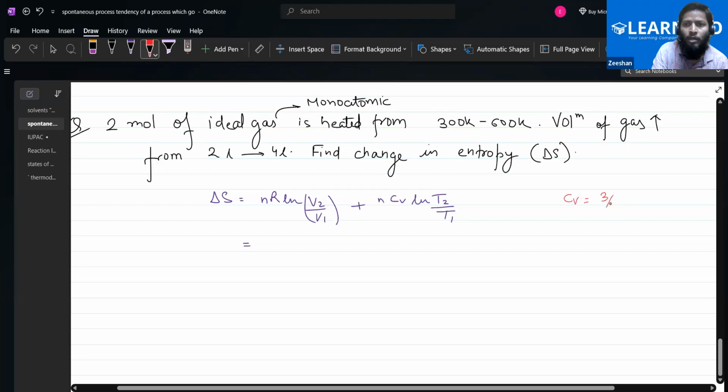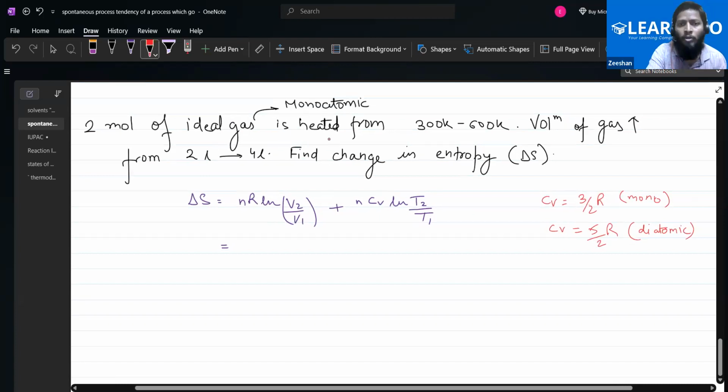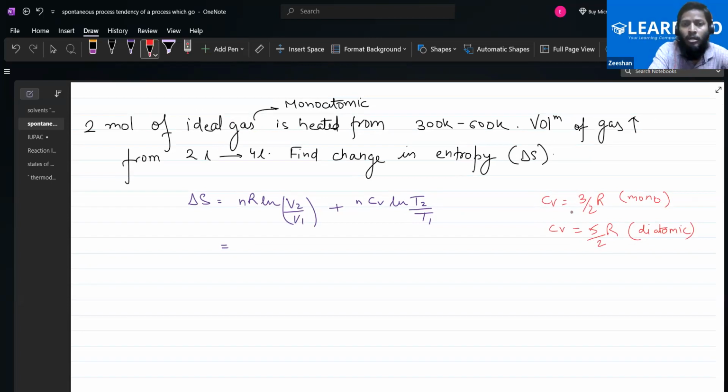So monoatomic gas CV is 3 by 2 R. And for diatomic, anybody? For diatomic, 5 by 2 R. Okay. So in this question, the examiner has not given what CV you have to put. So he wants you to know this already, and you have to put all the data in this.